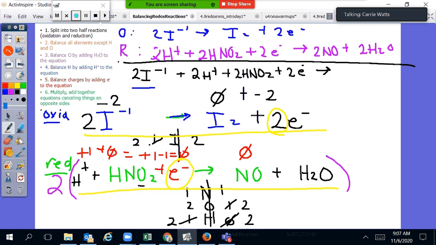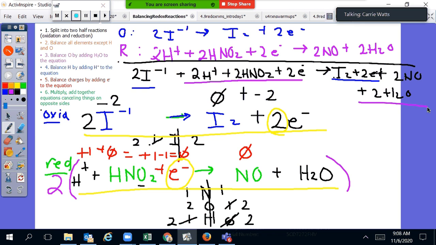And then I'm going to do the right side. That's going to be I2 plus 2 electrons, and that's all from the oxidation, plus 2NO plus 2H2O, and that's from the right side of the reduction. Let me just check my work to make sure I added them properly. Looks good so far.